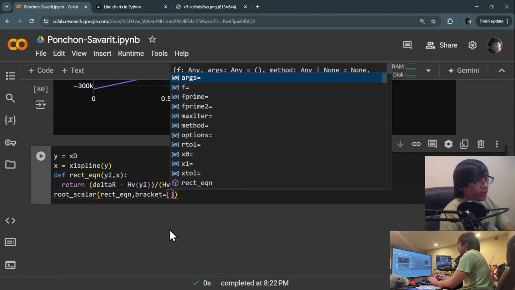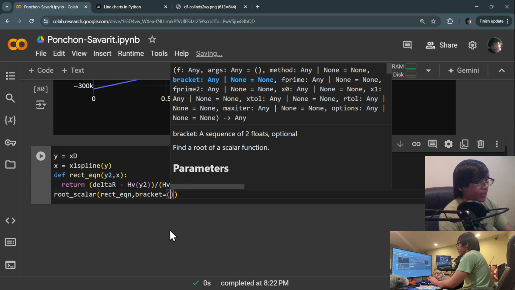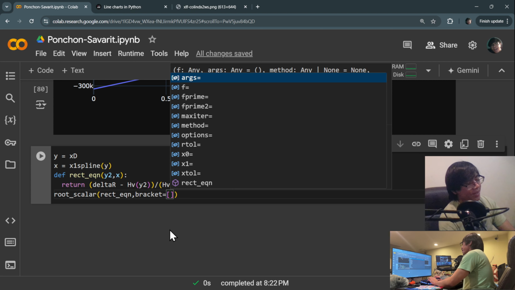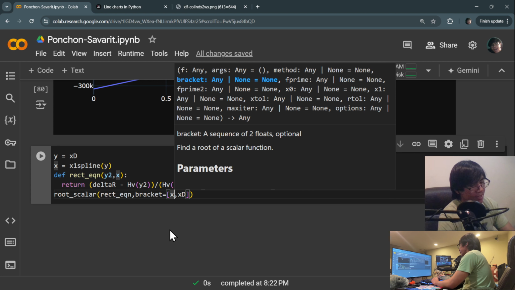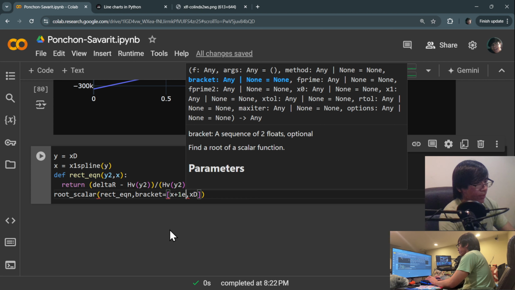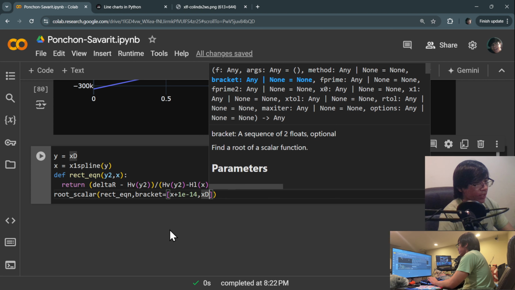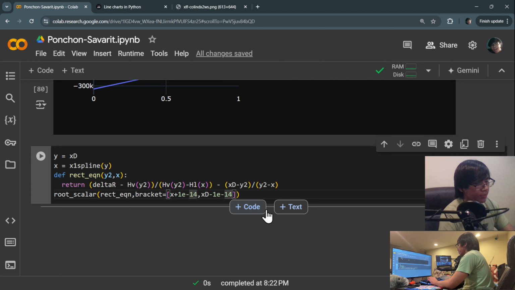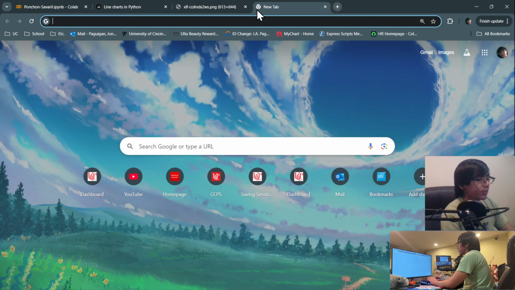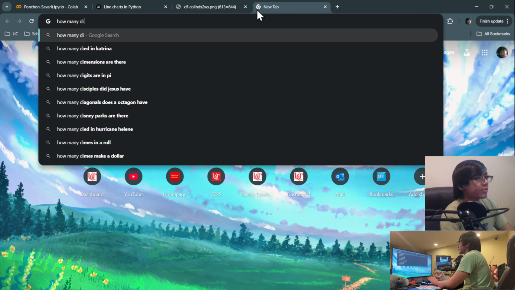So supply that as a tuple, or list, I can't remember. I think bracket is a bracket, so it's between our current x and our distillate, but we don't want to be on the exact points, so we add a very small number and then subtract the very small number. I could make this even bigger. How far does it go to? Like, how many digits of precision does Python have?